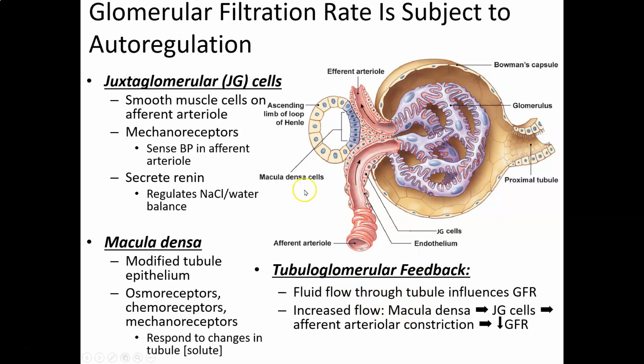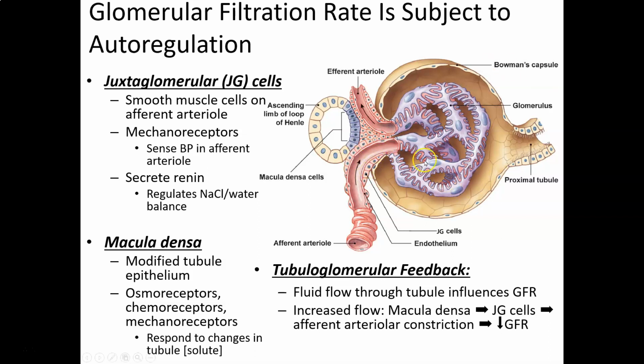And so the fluid flow through the tubules influences and is influenced by the GFR. And so if there's increased flow through the tubules, it means that we have too much fluid going out potentially. And the macula densa would sense that. It would help the JG cells release renin, which would then activate angiotensin II.